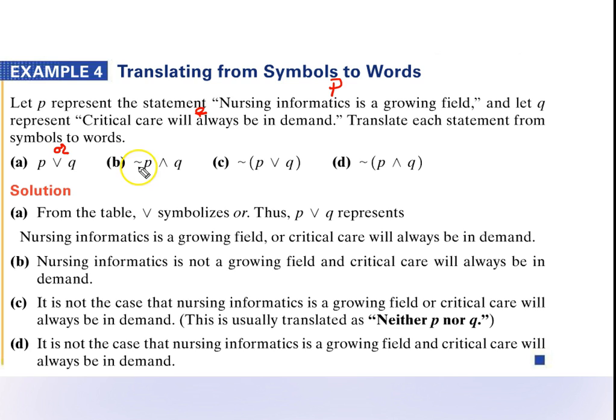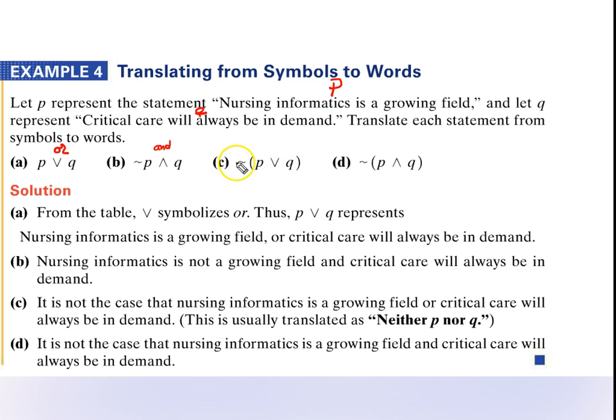Now here, what are we doing to the P statement? We are negating it. So not this, or no. And this connective here is and. That's the caret. And then just Q is regular. Now for C, this is negating both of these.